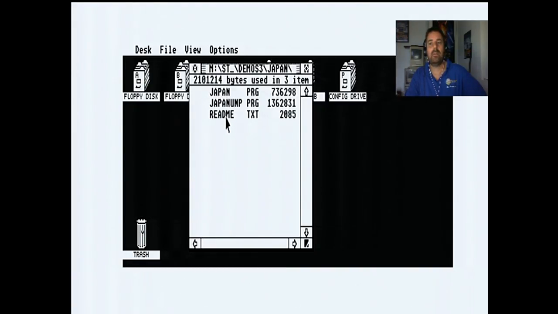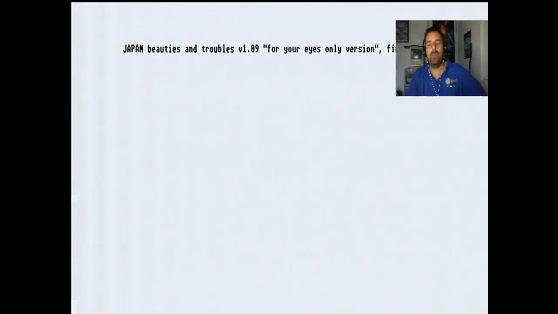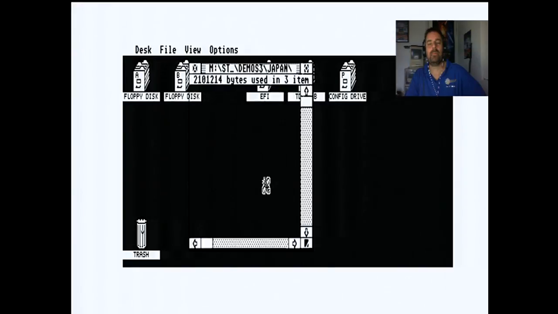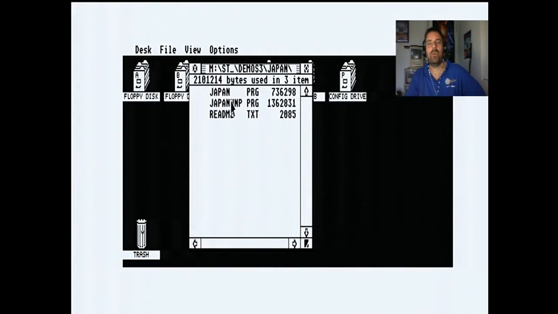Japan. Oh, you're big in Japan. Japan, beauties and troubles for your eyes only. Okay. 500 colours. Ooh. So we'll do that one, then we'll do the other one.